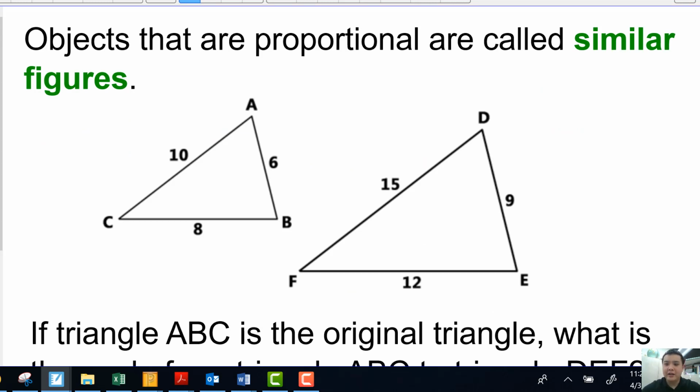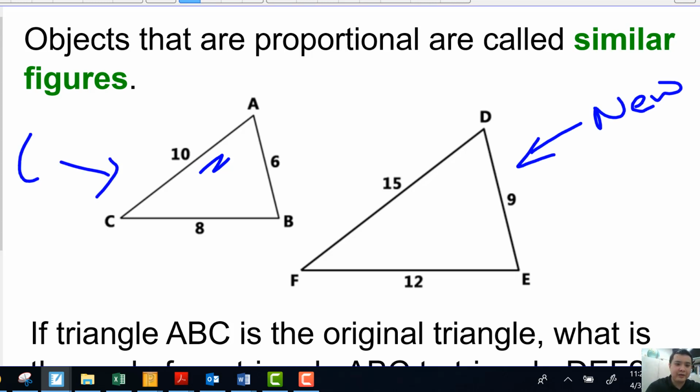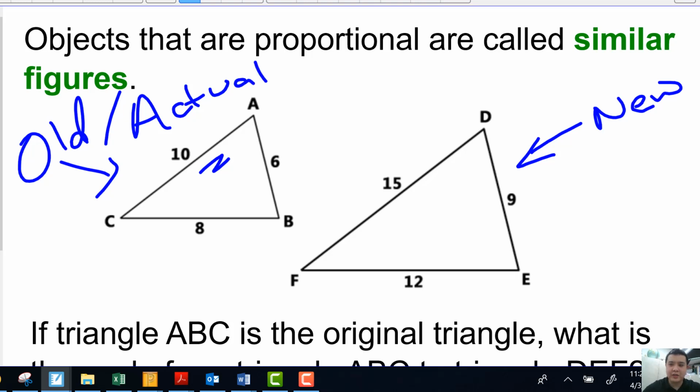That means that this triangle ABC, right here, this figure looks exactly like this one, except it's scaled up larger. So this is the new one, and this is the old one. This is the actual object, and this is the new drawing.